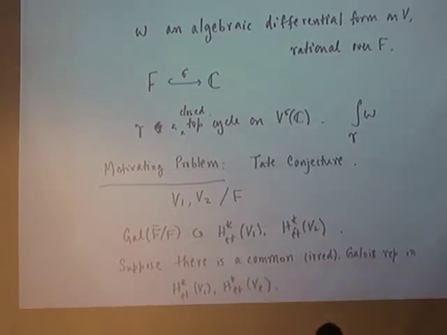Okay, then, all right. So the Tate conjecture will then predict that there should exist a cycle on the product V1 cross V2.